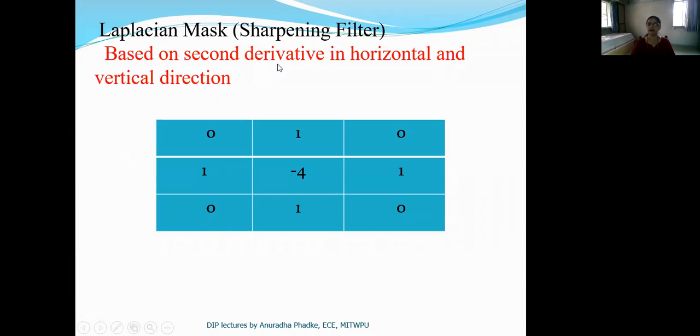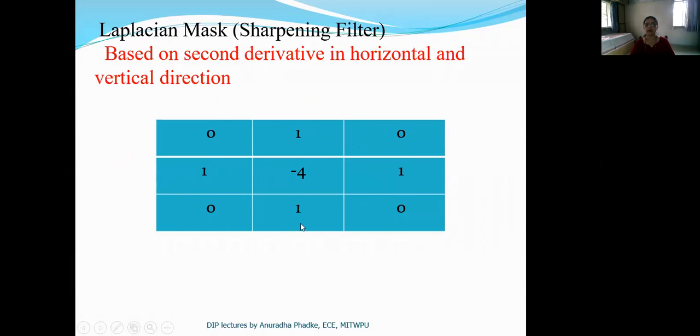This second derivative operation is known as the Laplacian operation, and that's why this particular mask is named the Laplacian mask. It is an example of a sharpening filter based on second derivative operation, hence known as the Laplacian mask.